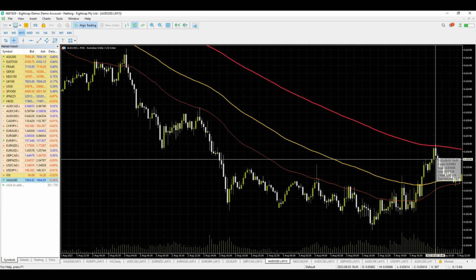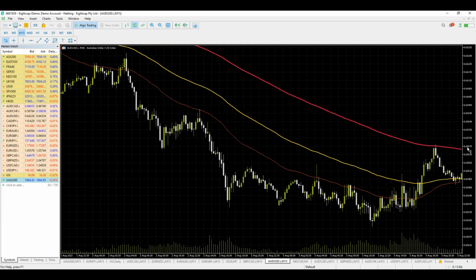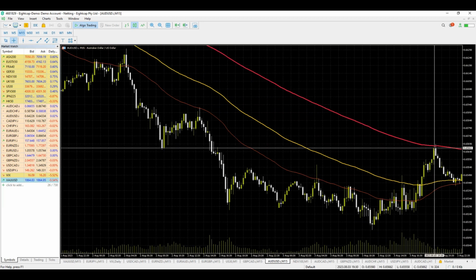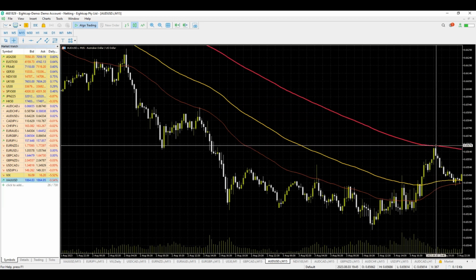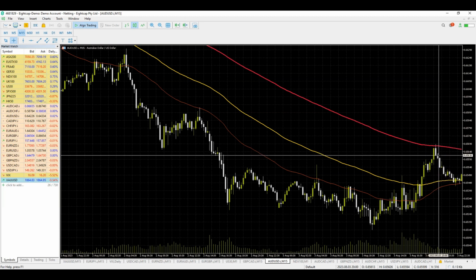It's a bearish candle basically. So for example, it touches the 200 exponential moving average, and it reverses and closes down here on this level.